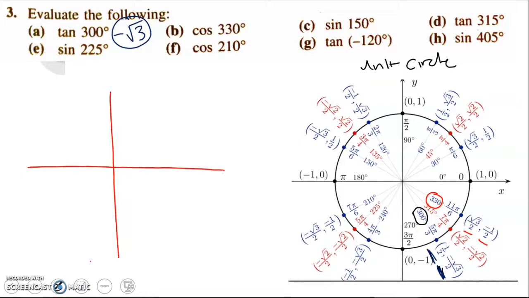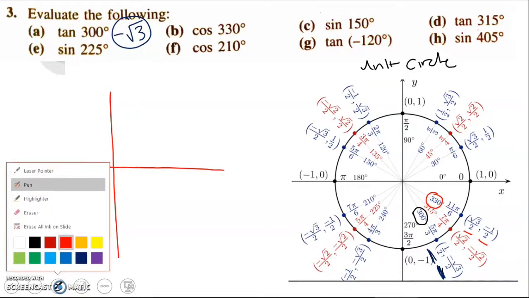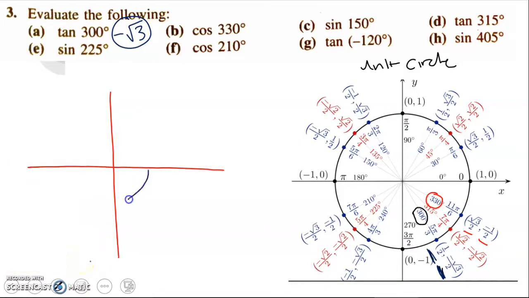G, I know I have negative 120. I'm going in this direction. It will have a reference angle of 60. This is 30, and this is, of course, my 90. Let's go ahead and put our ratios. That's square root of 3.